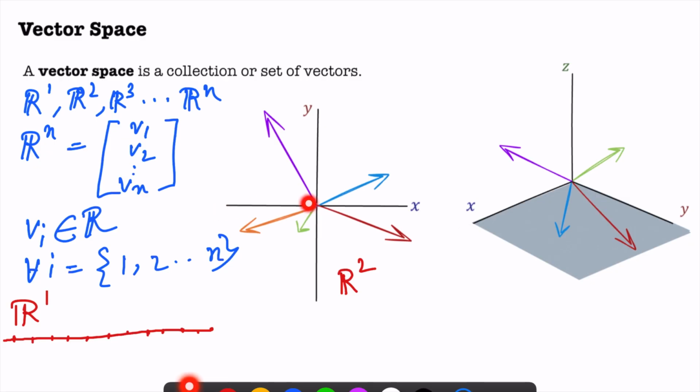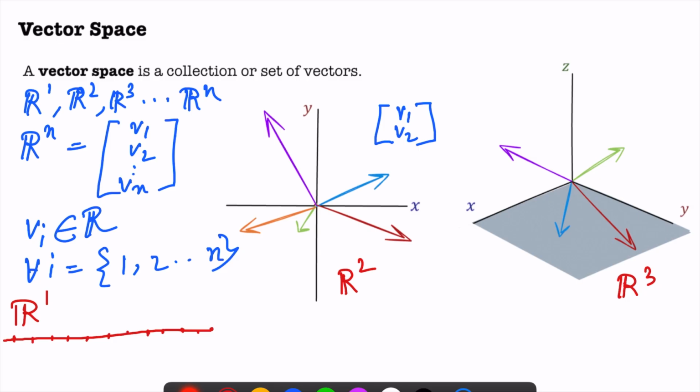Here we have this x-axis and y-axis, and this is the xy plane. In this plane, we can have lots of vectors, and each vector in this space will have two components. So this is R2: all vectors with two dimensions, and each component is a real value.